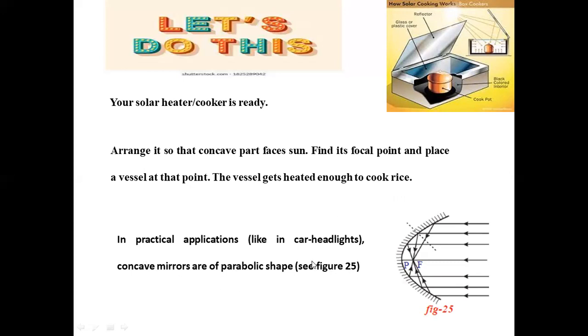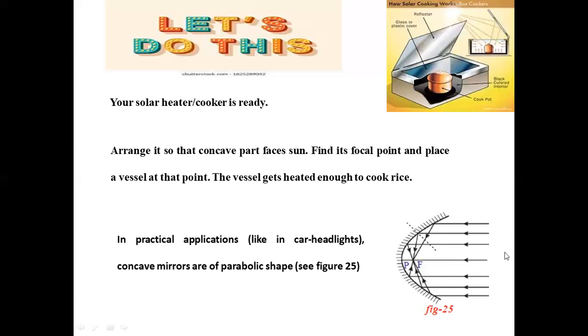Another practical application we are going to discuss now is car headlights. When you see car headlights, it is again part of a concave mirror, with the curvature of a parabola, right? This parabola reflects the light rays.